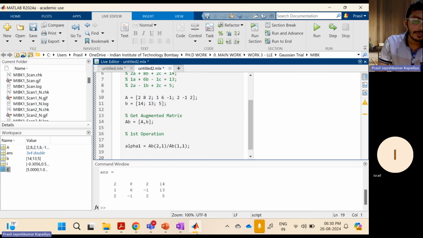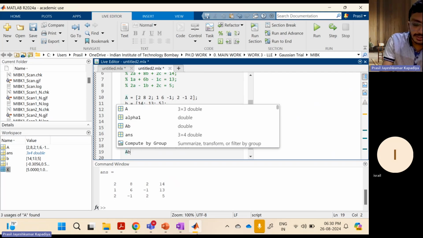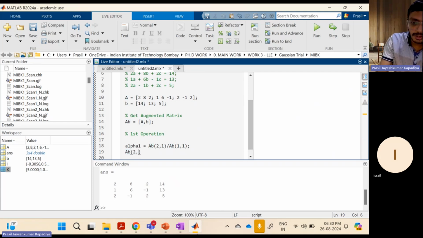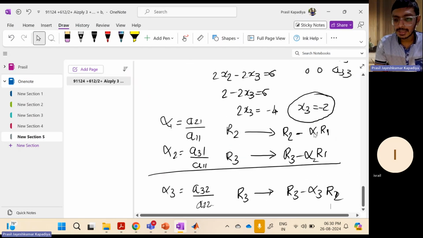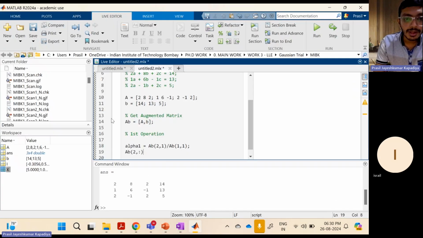And what I need to do is repeat this operation for all columns, all elements. I need to write row 2 minus alpha 1 times row 1. So row 2 is my second row and all columns.